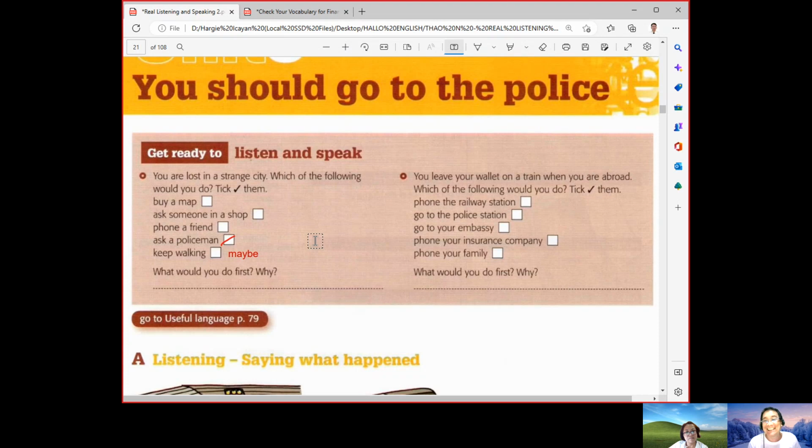Let's say, for example, you were lost in Saudi Arabia, and in that particular area all of the people there are natives, so they don't know how to speak English. If you are going to report to the policeman, how are you going to explain to them that you are lost?